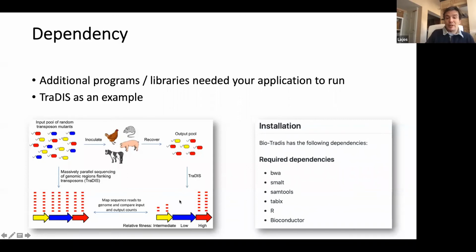And then you have a bioinformatics pipeline, here at the bottom, where you compare your original library with the sequencing coming out from your testing environment. And there is a pipeline called BioTradis, which does this very nicely.